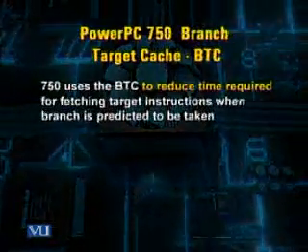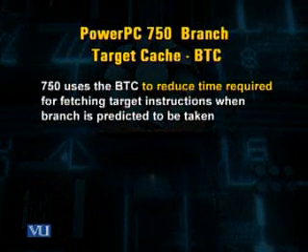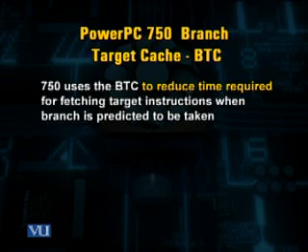branch target cache. The 750 uses branch target cache to reduce time required for fetching target instructions when branch is predicted to be taken.